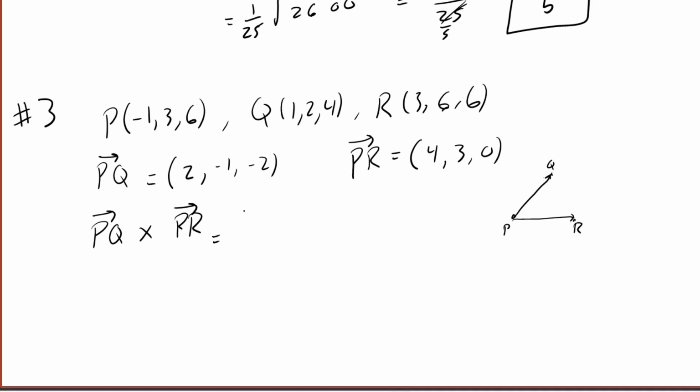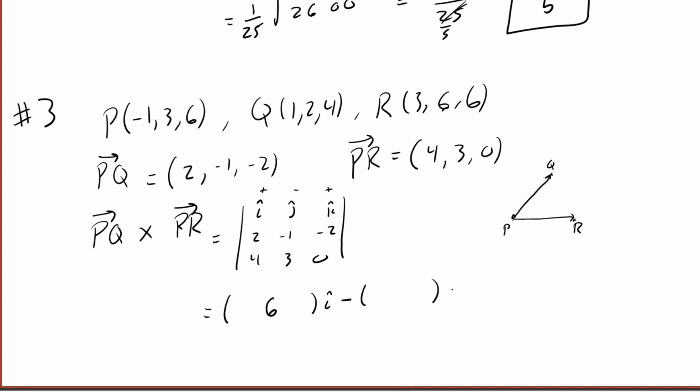Okay, so let's start computing. I, J, K, plus minus plus. PQ is 2, minus 1, minus 2, and PR is 4, 3, 0. Okay, so I cross out that row. I have 0 minus minus 6. I have positive 6. Minus j hat.